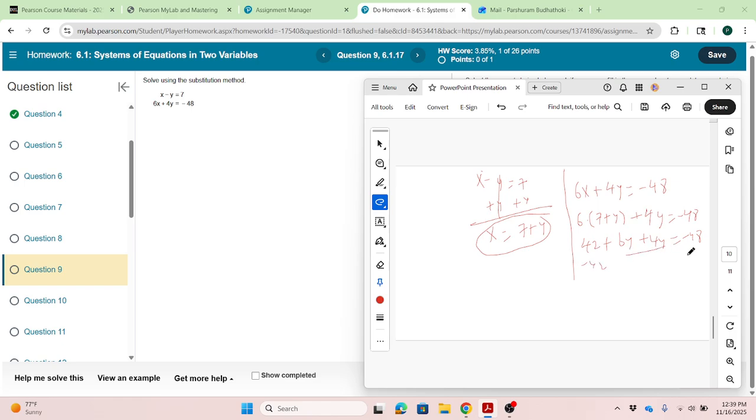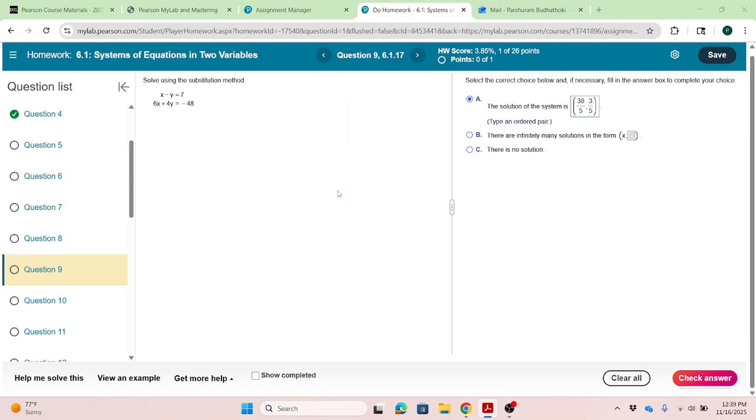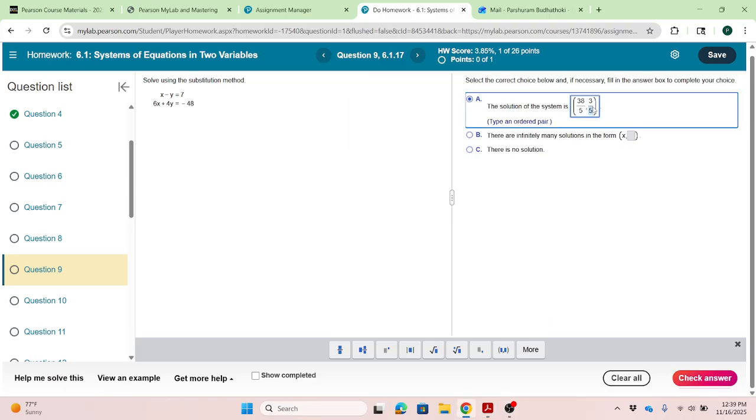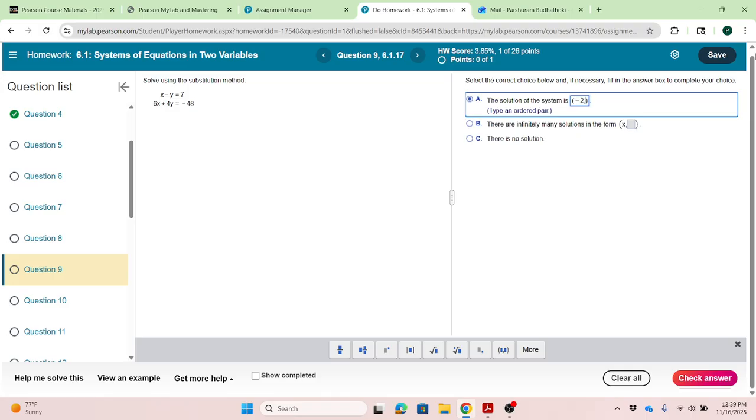If you subtract 42, that will be 10y equals negative 90. If you divide both sides by 10, that would be y equals negative 9, and I'm going to use x equals 7 minus 9, which is negative 2. So negative 2 and negative 9 is supposed to be the answer. I did not get it right when I missed that negative sign. Negative 2 comma negative 9, that is the answer using the substitution method.